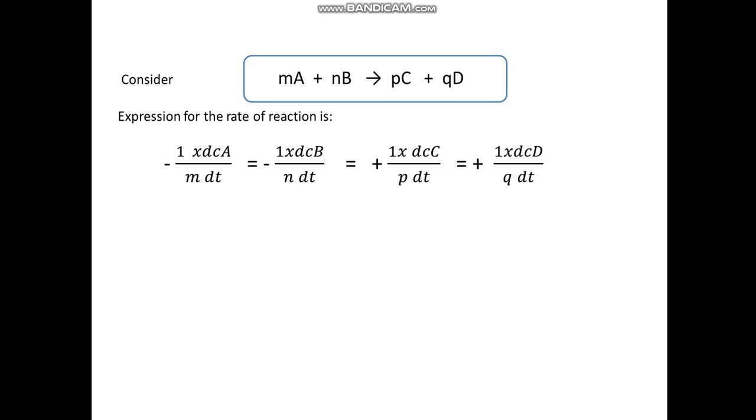All four expressions equally stand for the rate of the reaction. All are equal. As I have mentioned, it is a general common term for a particular reaction, that is, the change in the concentration of the reacting substances per mole per unit time.